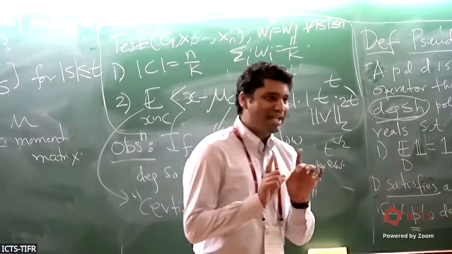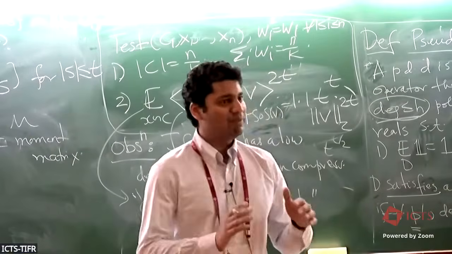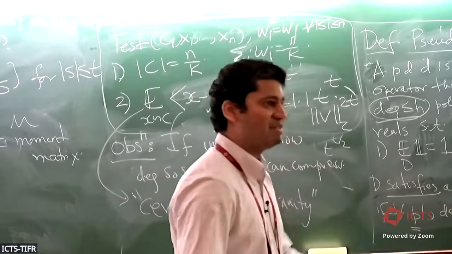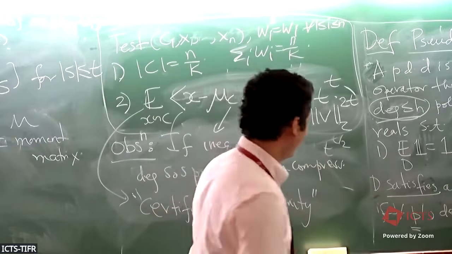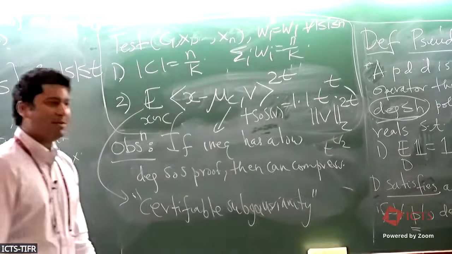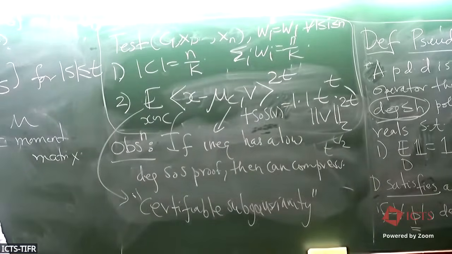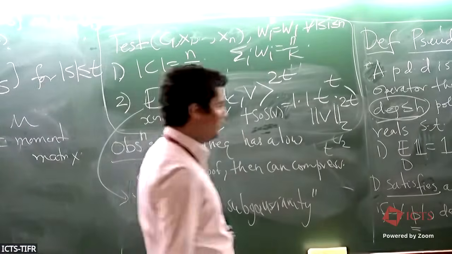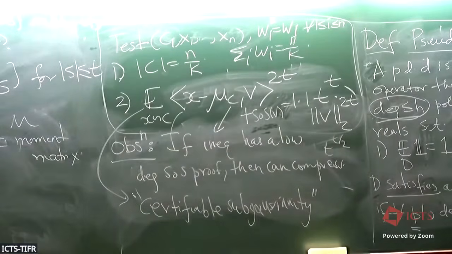Okay, so I'll just make one simple observation which will handle Gaussians, and then everything else I'll say out loud. Okay, I claim that Gaussians are certifiably sub-Gaussian. Let me prove that to you. Here is a fact about Gaussians.